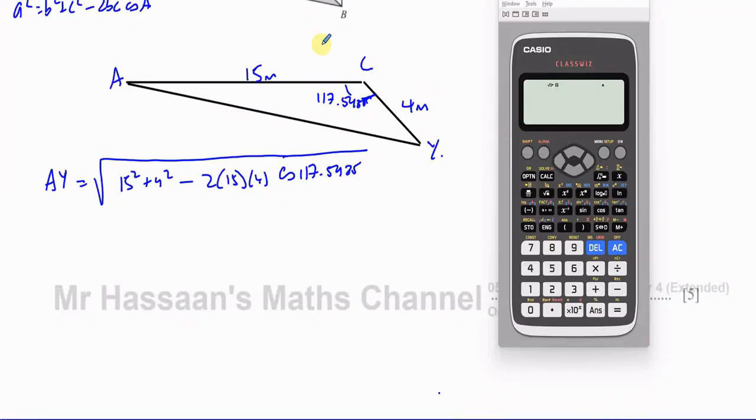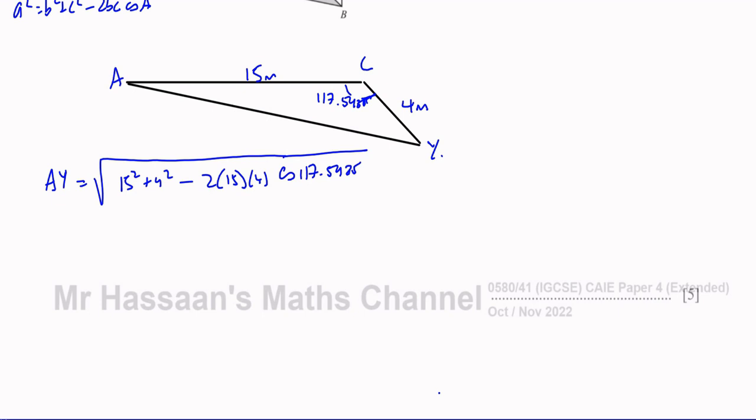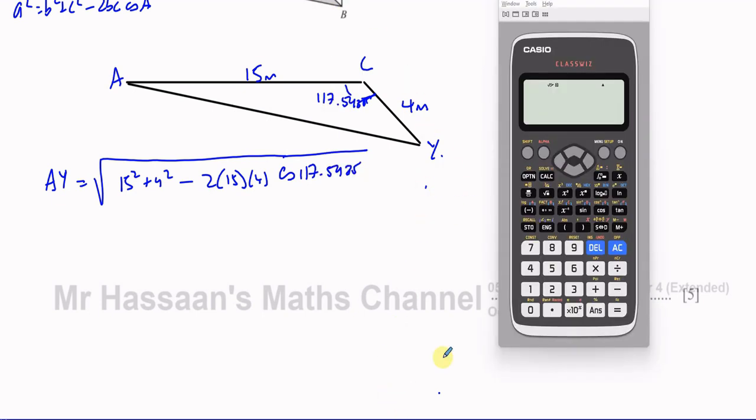Okay, so putting this all into our calculator, we're going to put the square root of 15 squared plus 4 squared minus 2 times 15 times 4 times the cosine of the angle, which I've now stored in the calculator as A. So that's the angle that we had, 117.5 from the first question.